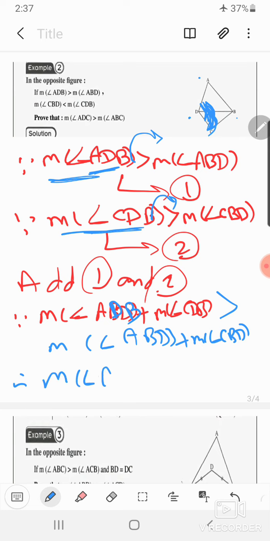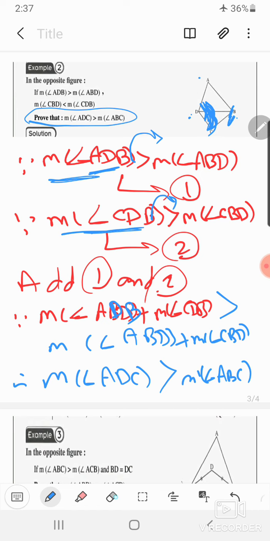Measure angle ADC is greater than the other side. Here you have ABD, this part, and DBC, this part. So I can get measure angle ABC, which is required to prove.